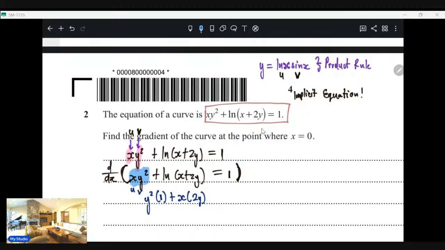That's the biggest mistake you can ever make. X and Y are functions. And right now they are multiplying each other. And math says when you are differentiating functions that multiply each other, use the product rule. Product rule is for functions that multiply. So we used the product rule.